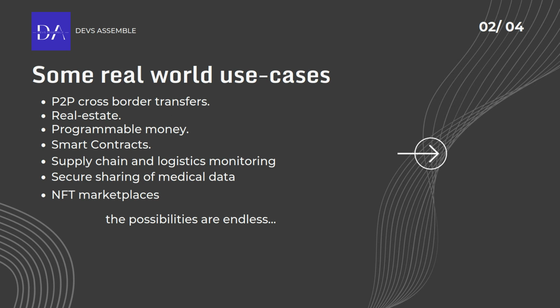Just to explain it with a simple example, we can put a smart contract which will automatically transfer, let's say, $10,000 from person A's account to person B's account as soon as person B delivers 1,000 units of equipment and updates it on the blockchain. So this is a pretty good example, a use case of smart contracts.